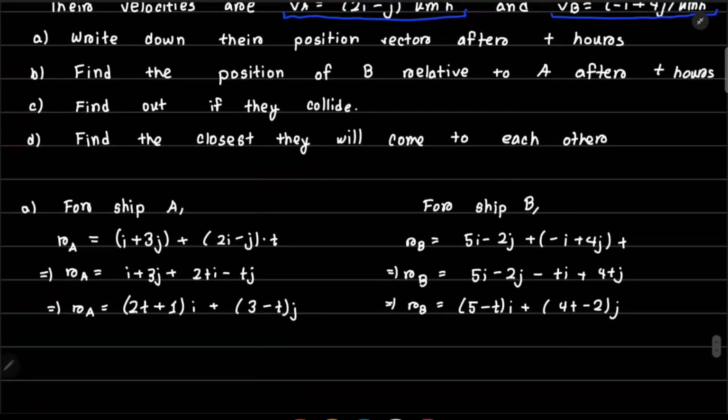Now in part B, we have to find the position of B relative to A. If we are asked a question like this, we'll have to find the displacement of B considering A as the starting point.